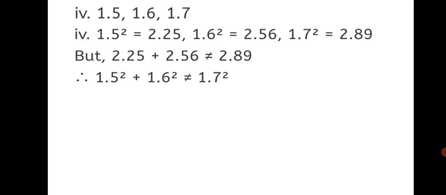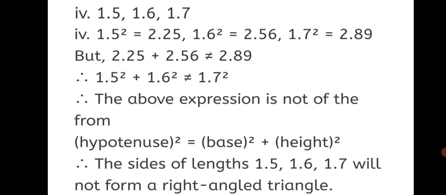Therefore, 1.5 square plus 1.6 square is also not equal to 1.7 square. Therefore, the above expression is not of the form hypotenuse square is equal to base square plus height square. Therefore, the sides of lengths 1.5, 1.6, 1.7 will not form a right angled triangle.